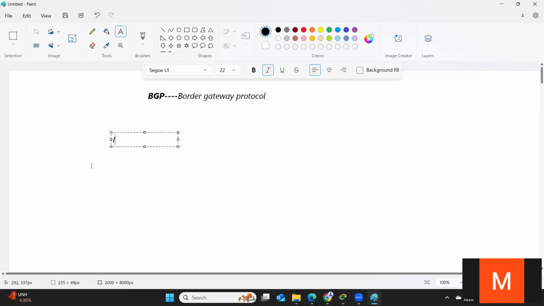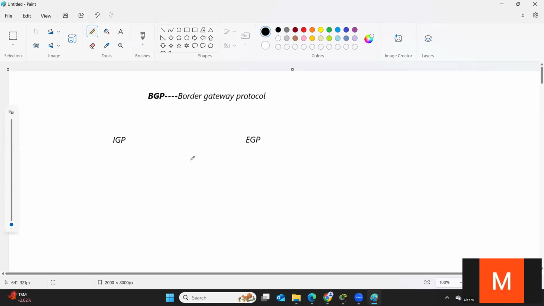One is IGP, and the other is EGP. IGP stands for Interior Gateway Protocol, and EGP stands for Exterior Gateway Protocol.